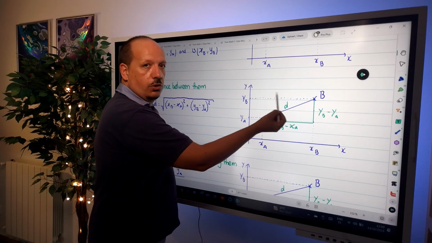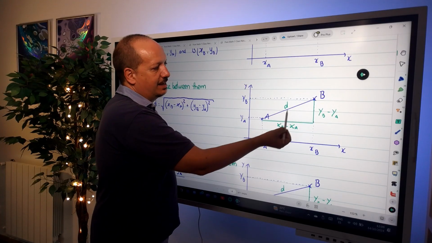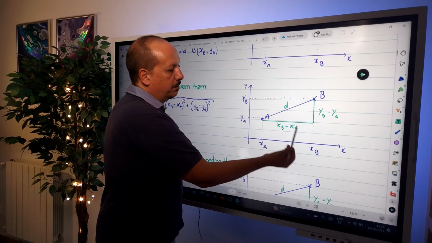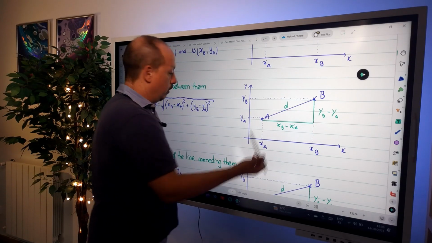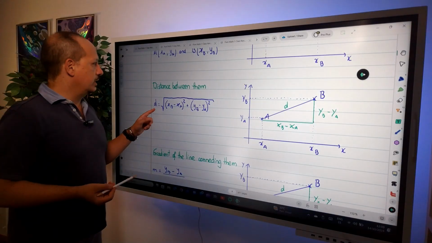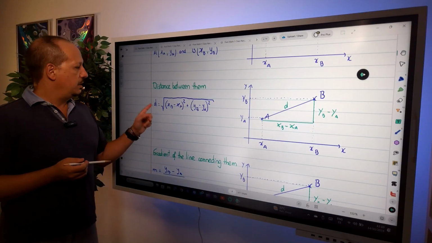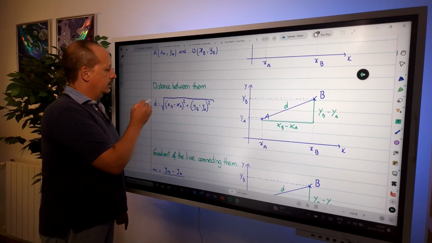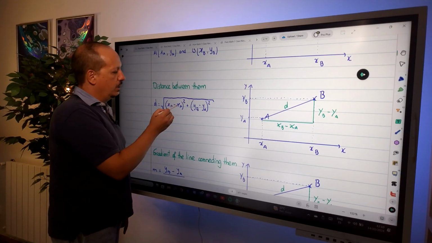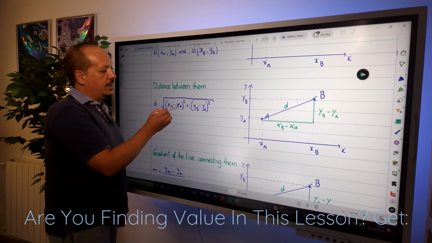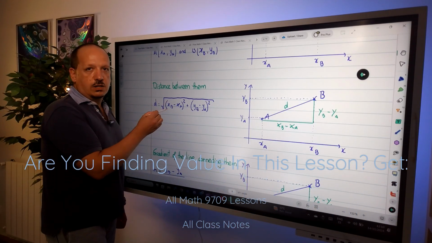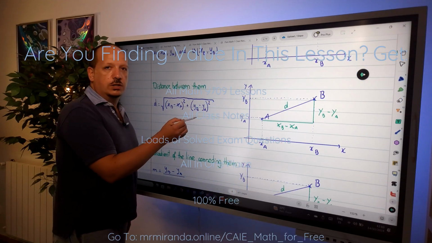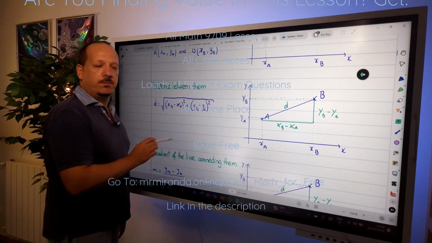So if you want to know the hypotenuse, you know that this distance squared equals this distance squared plus this distance squared, which means that if you want to get the distance between 2 points, you can always apply this formula over here. The distance is going to be the square root of the difference in the x coordinates of the 2 points squared plus the difference in the y coordinates of the 2 points squared.